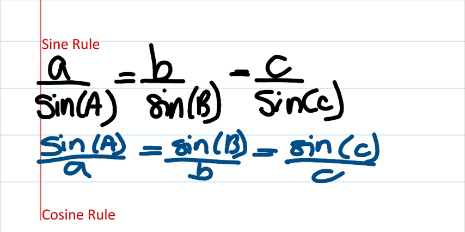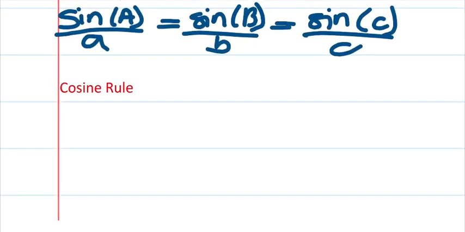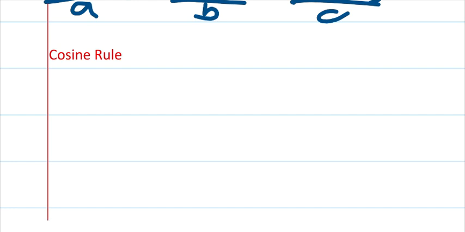You should use the sine rule when you know a pair of sides and either another angle or another side, depending on what the question asks you to find. We then move on to the cosine rule. The cosine rule works when you don't have an opposite pair.